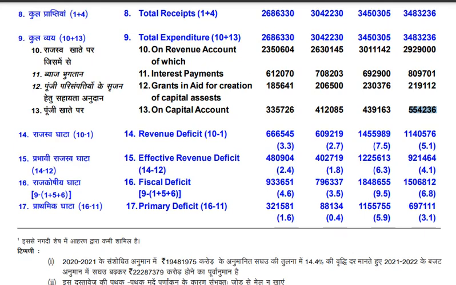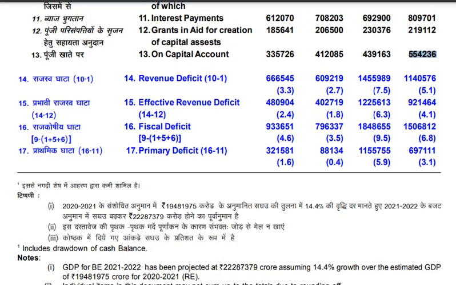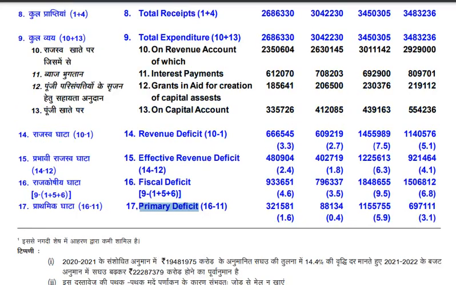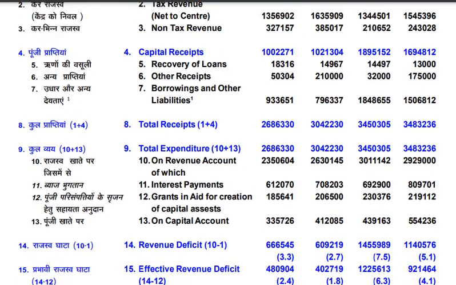There is one more deficit you would come across, the primary deficit. So what it shows is the actual amount that you have borrowed. When I am talking about the difference between fiscal deficit and primary deficit, fiscal deficit is nothing but the amount that we have borrowed from the market.